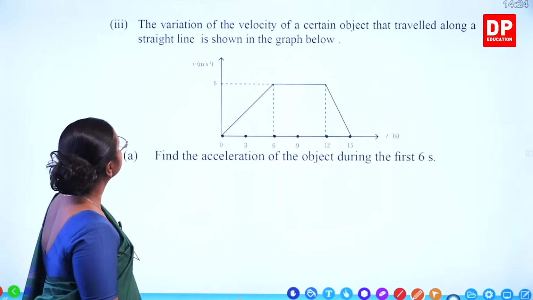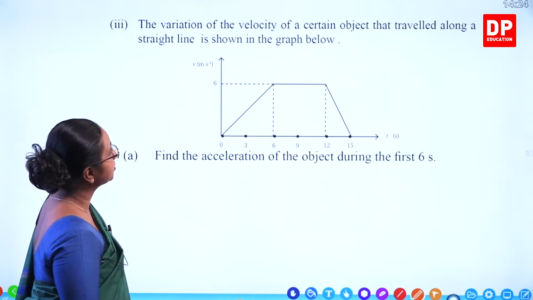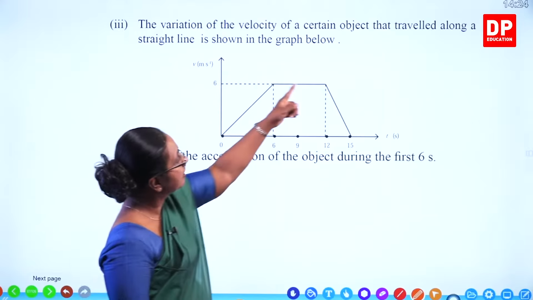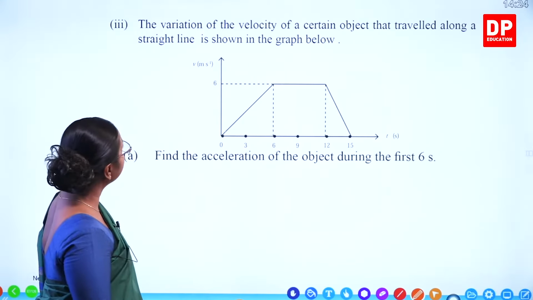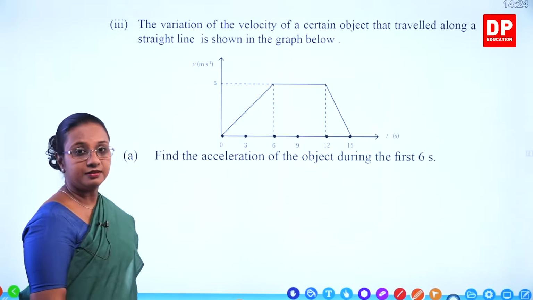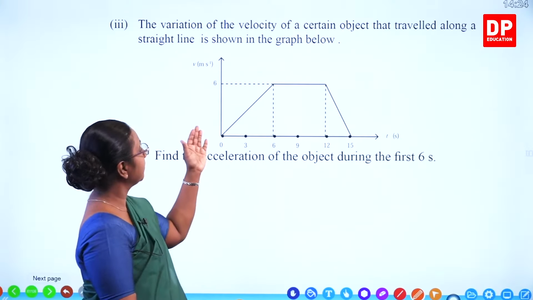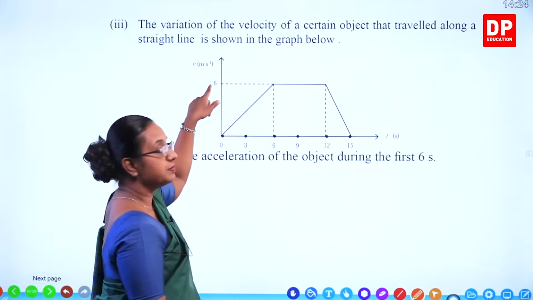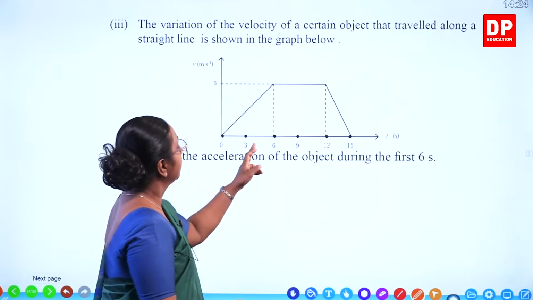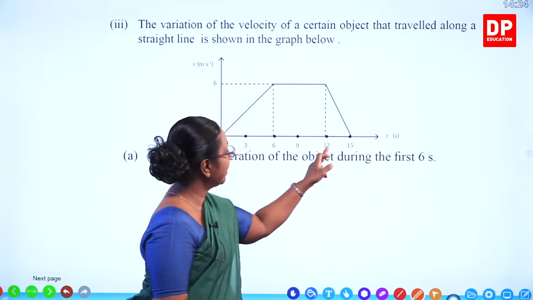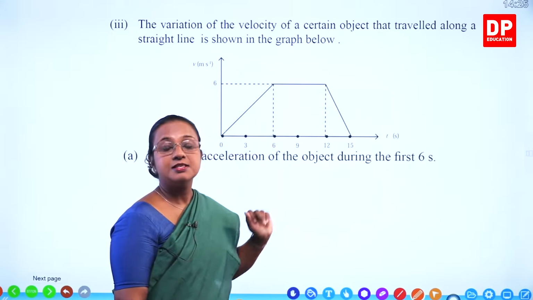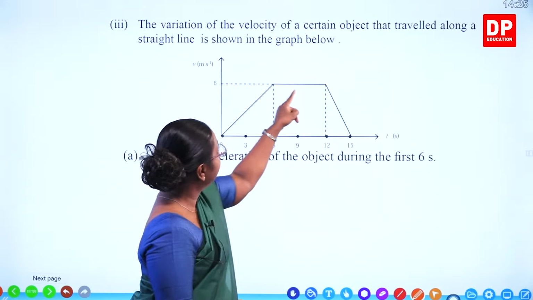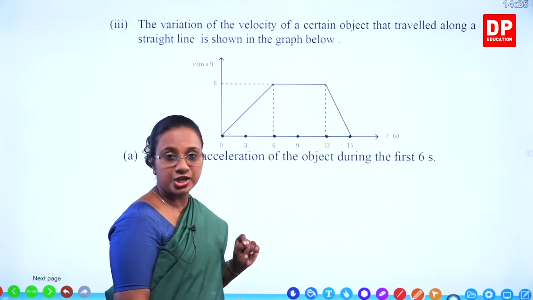The next question: the variation of the velocity of a certain object that traveled along a straight line is shown in the graph. So again, look at the graph. The first 6 seconds, velocity goes from 0 to 6. The next 6 to 12 seconds, that is the next 6 seconds, the velocity does not change.